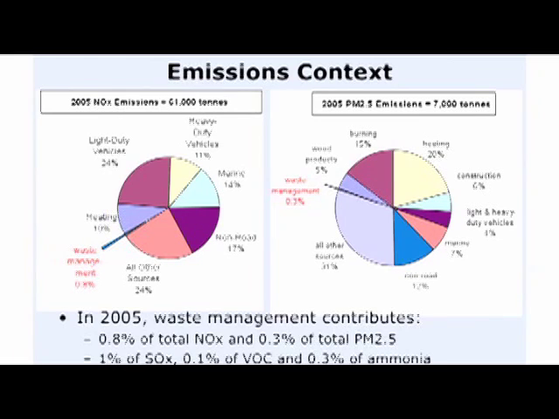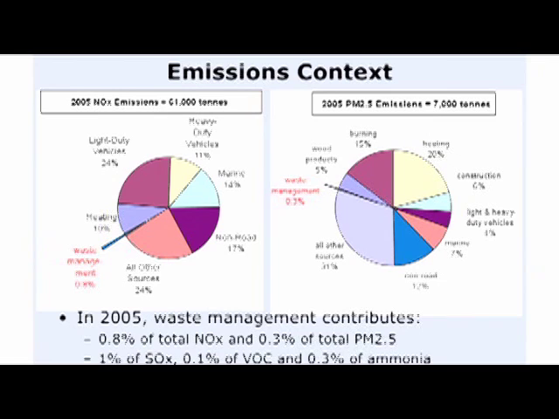So these pie charts show the emissions context for our region. Just to quickly go over this in the interest of time, we can see that waste management is a small contributor to NOx emissions, 0.8% of the total NOx emissions in 2005, the year of our most recent emission inventory, and about 0.3% of total PM 2.5, which is fine particulate.